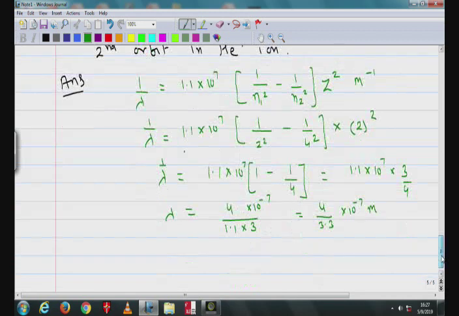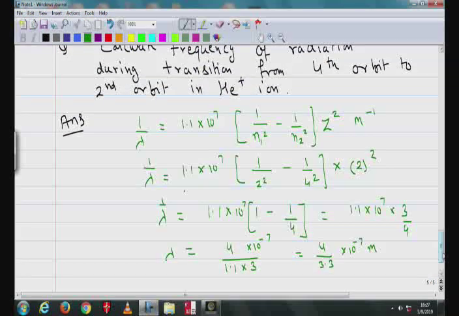After that, you have to just put this value. Guys, first of all, note it down.